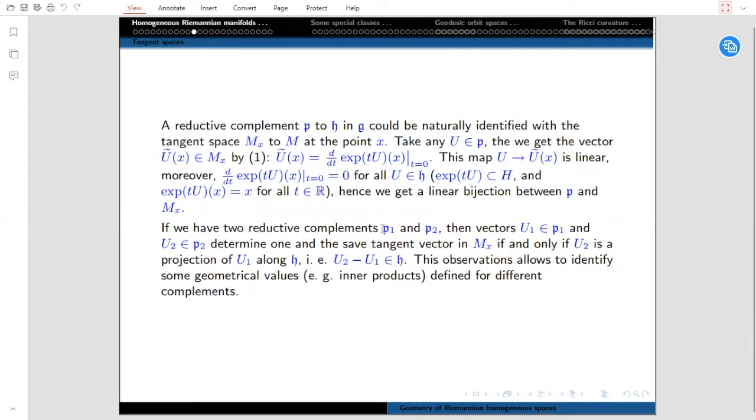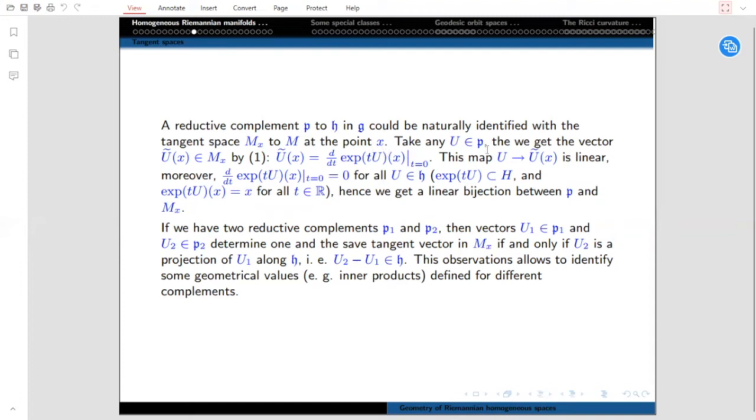Now about the tangent space. We fix some reductive complement P. It can be identified, in a natural way, with the tangent space m_x to M at the point x. It's easy.